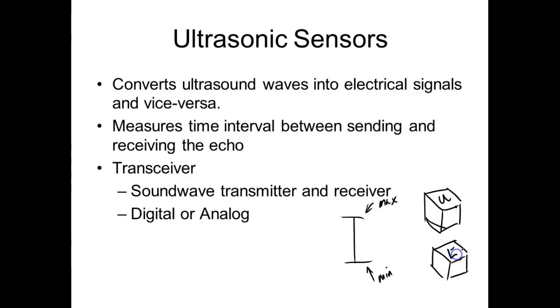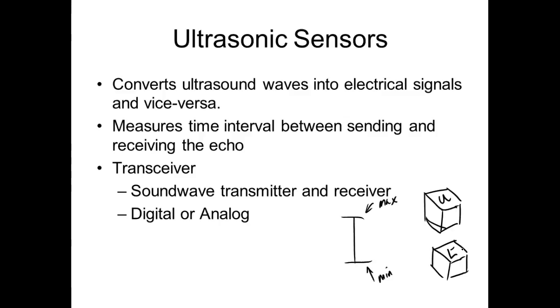We put each one over the ultrasonic sensor and indicate this is upper, this is lower. So what we did is we gave our sensor what? A range, the actual span. Are we okay? So that would be a digital sensor.